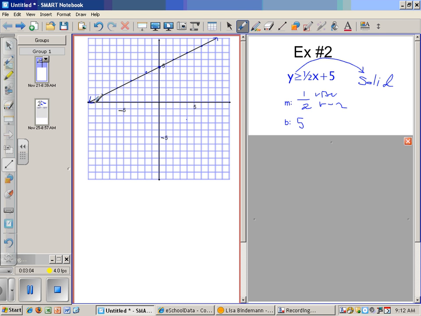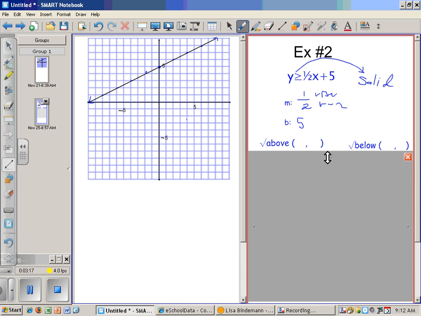Now remember what we did in the first example? After we graphed our line, we had to plot a point above and below and check them in the original problem. They don't have to be the same point like I used on the last one. You could check, let's see, (1, 7).